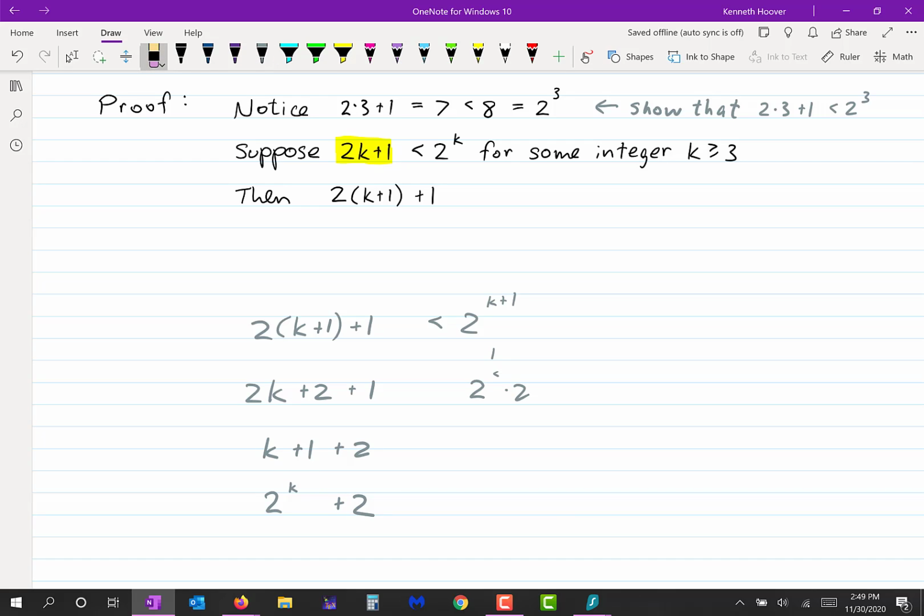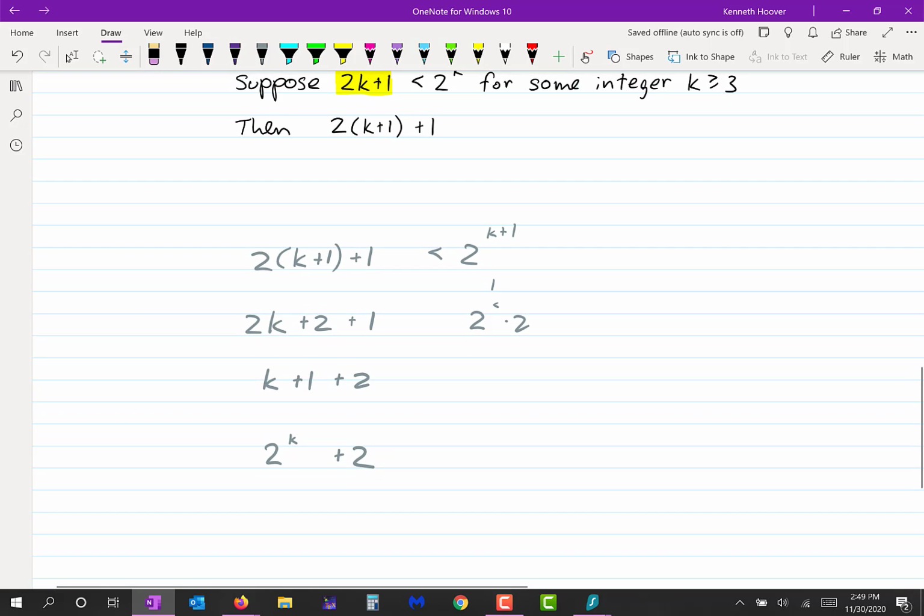I'm just getting some extra space in here. And what I'm going to do is write equal signs between these, because they're equal, and these are equal. And it's less than the next one. Okay? Now remember, I'm trying to relate that to 2 to the power k plus 1.